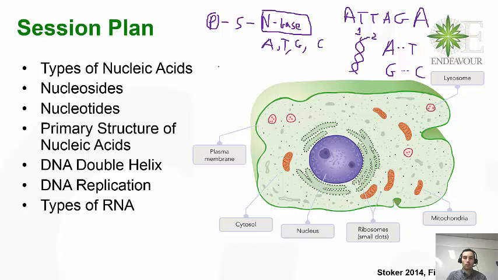So if you've got a guanine on one strand and a cytosine on the other strand, we can get a bond forming between those two bases, and that will stabilize the helical structure that we see here. We'll look into that as well.